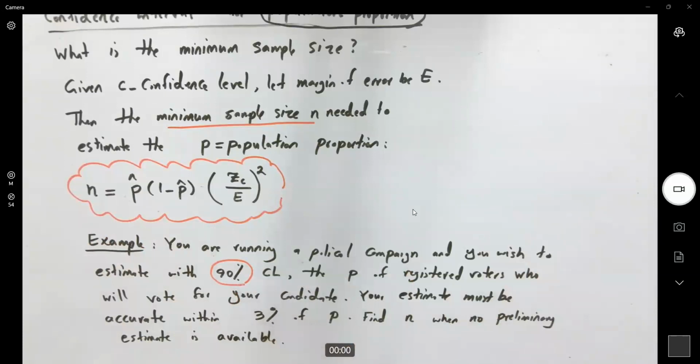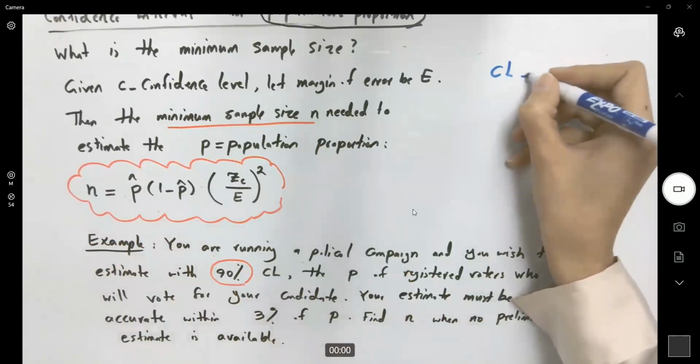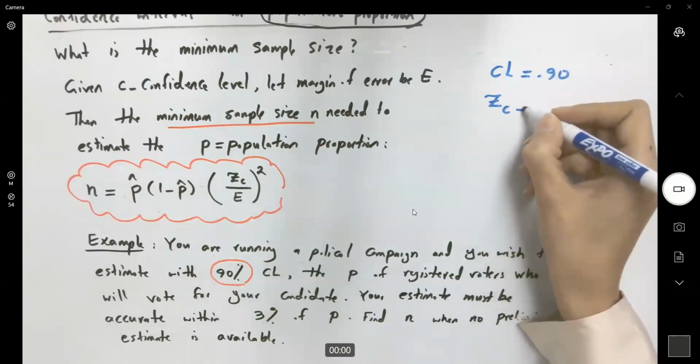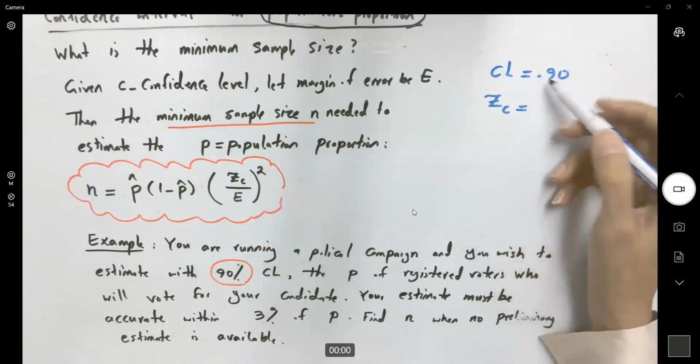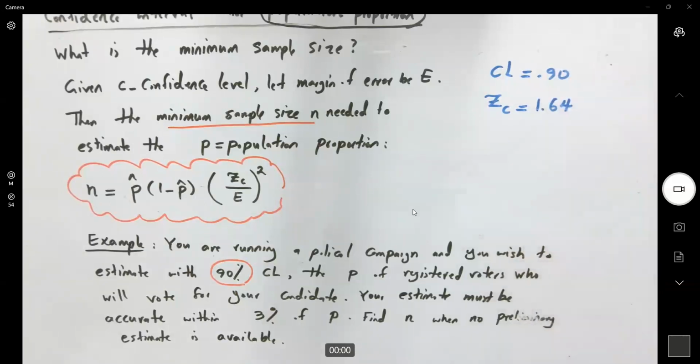Well, we have the confidence level, right? The confidence level is given to us as 90%. So we can easily calculate the critical value. The critical value for 90% is 1.64. Okay, so far so good.